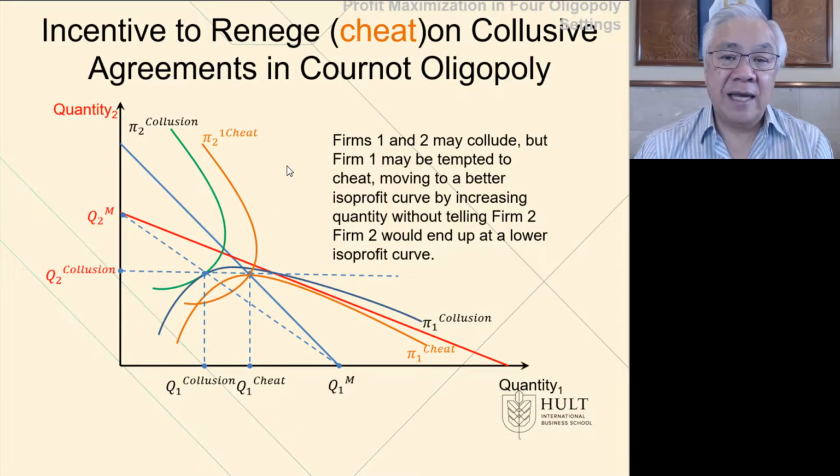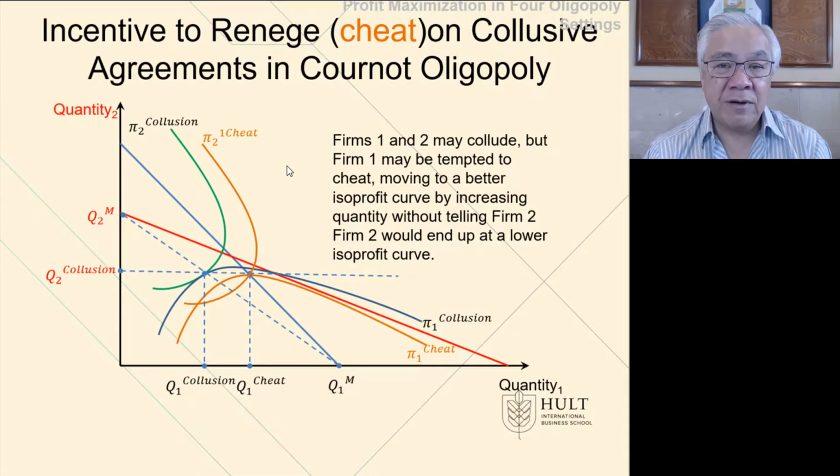So there is a Cournot equilibrium. There's an incentive to collude, where both firms, if they behave, can each make more money than at the Cournot equilibrium. However, that introduces an incentive for either party to cheat. We illustrated what would happen if firm 1 is a cheater: firm 1 could make more money taking advantage of firm 2.